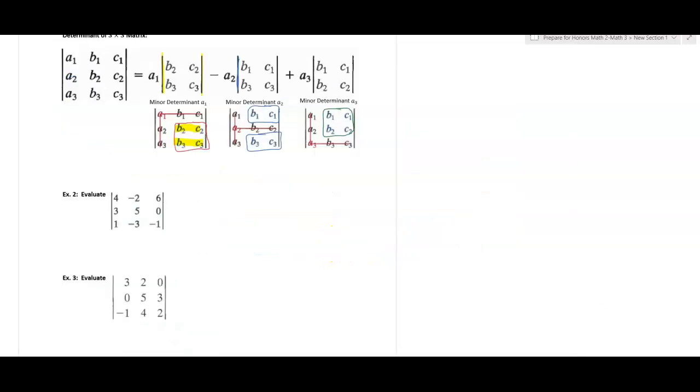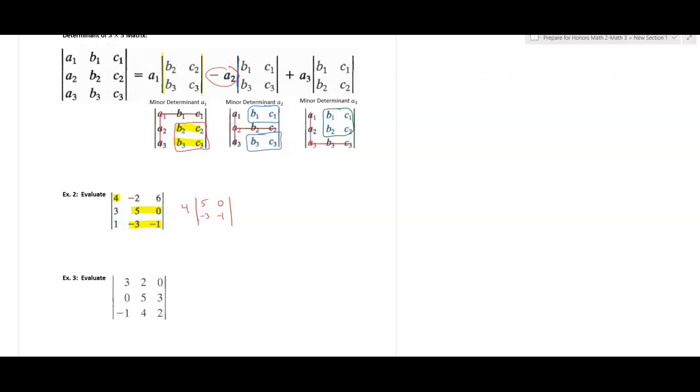So when we look at this example, remember, we are going to take this first term and multiply it by the determinant of this matrix. So it's going to be 4 times the determinant of 5, 0, negative 3, negative 1. Then we're going to subtract.